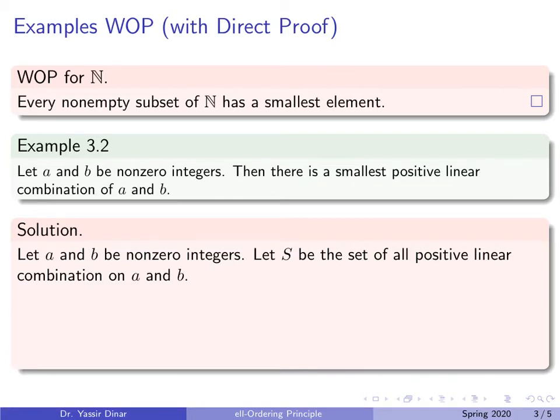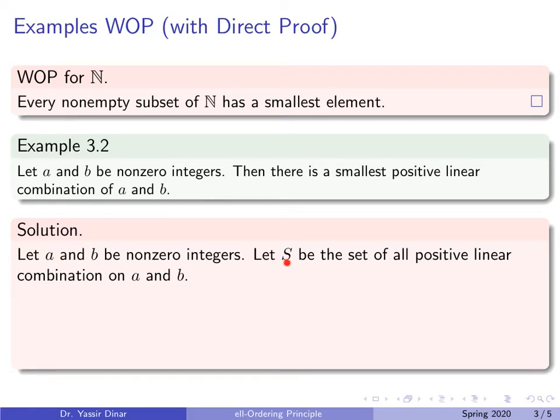The proof is a direct proof, so we let a and b be non-zero integers. I will define my set S to be the set of all positive linear combinations of a and b. We want to prove that this S has a smallest element.